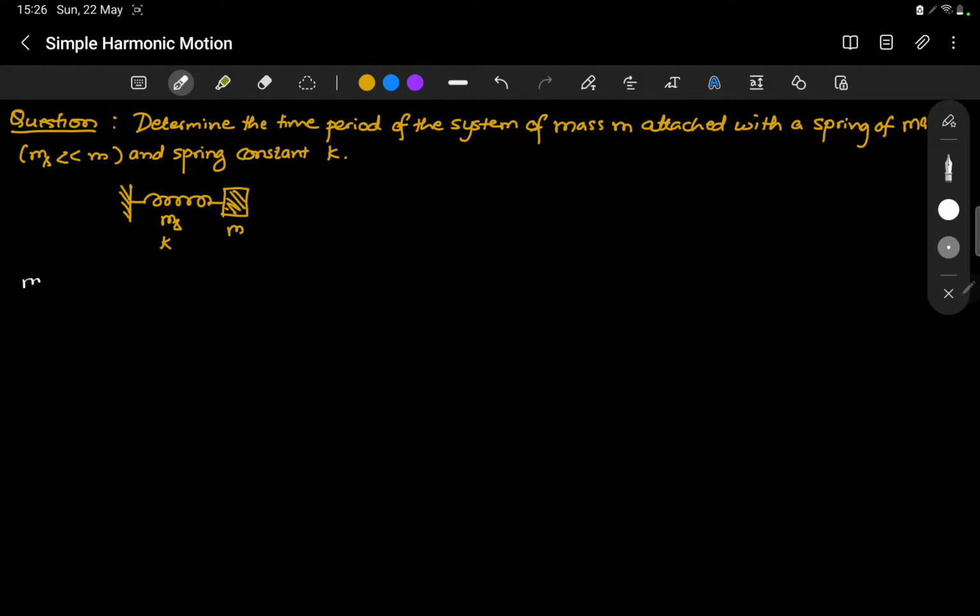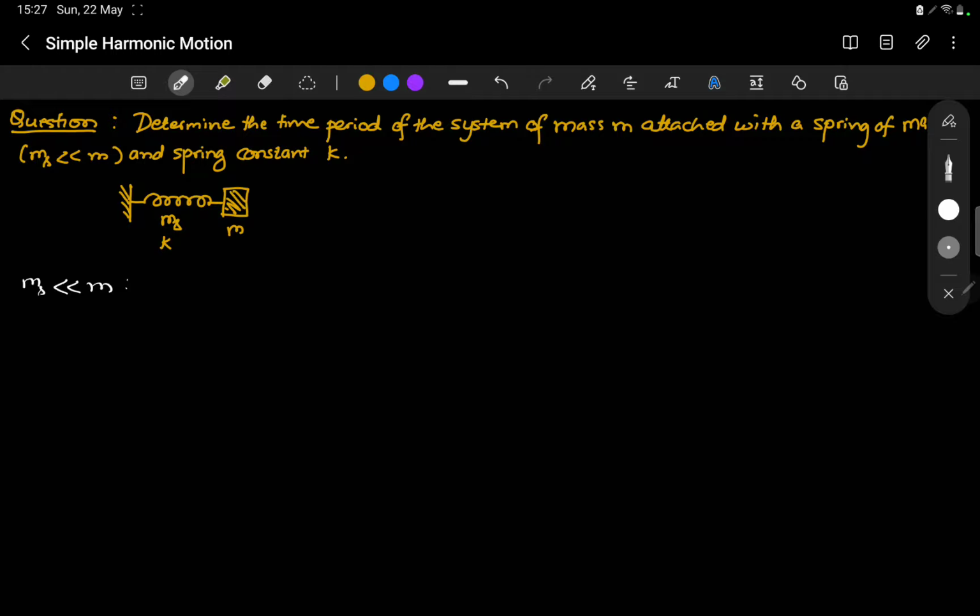So we are given that since the mass of the spring is much smaller in comparison to the mass of the block, we can safely assume that the spring will stretch uniformly along its length. So we can have a uniform mass density distribution and uniform stretch along the length of the spring.